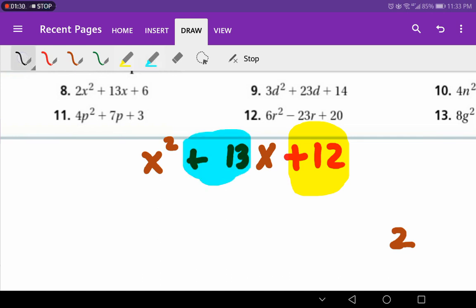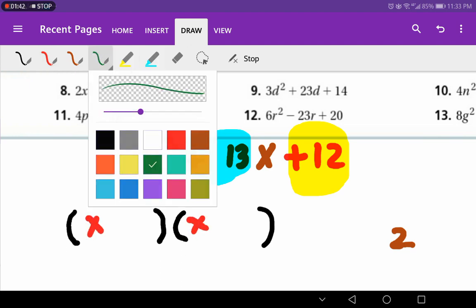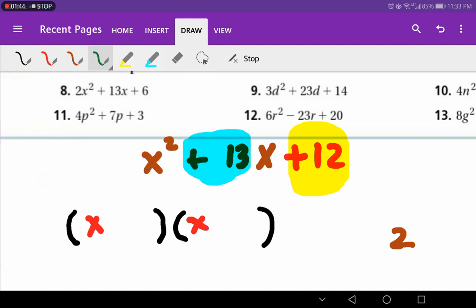Clearly it is 1 and 12, yes? So I will write like this, first step. And I write x here and x here, and I will write the 12. 1 here and 1 here, both of them positive. 12. Okay.